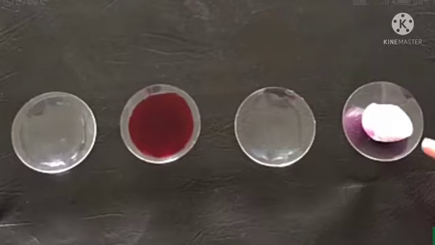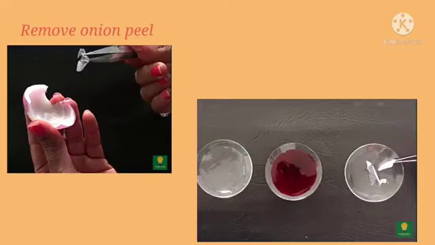Procedure: take an onion and remove its outermost peel. Now cut a small part from an inner scale leaf with the help of a blade. Separate a thin transparent peel from the convex surface of the scale leaf with the help of forceps.